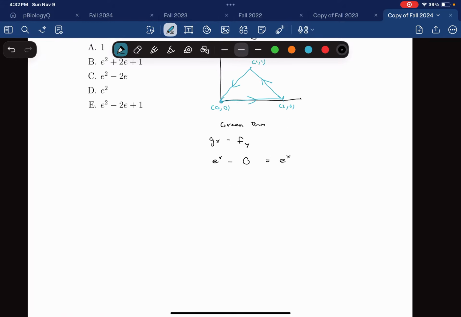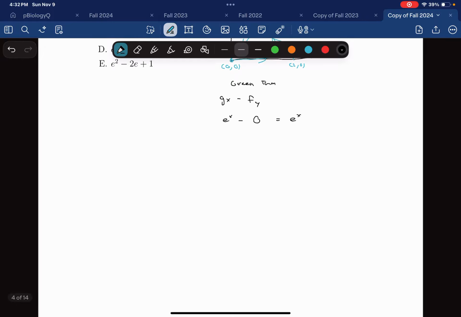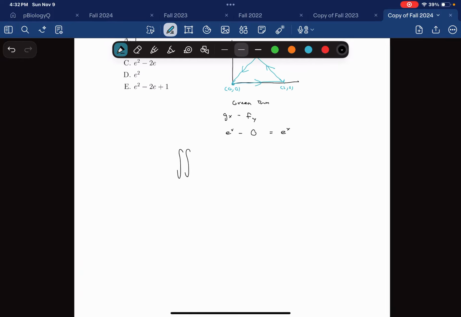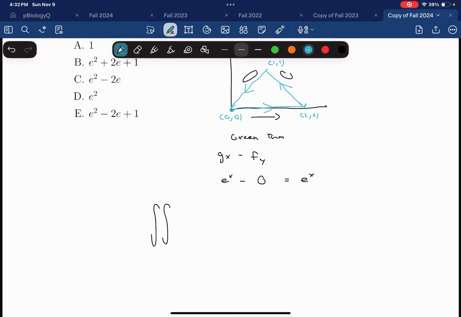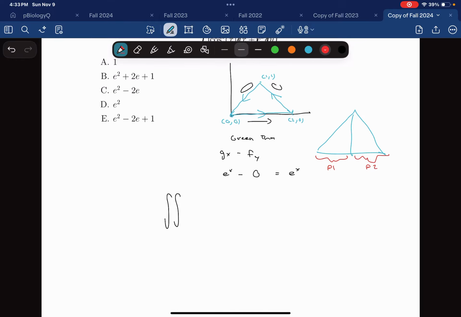So now is when we actually have to do something very strange. We have to set up 2 double integrals, because as you can see, as you move along this curve, your y bounds will change. So if I redraw it here, I'm going to put a line right there. We're going to call this part 1 and call this part 2. Sweet. Okay.